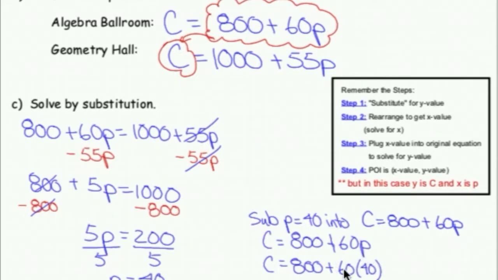And this is where our BEDMAS comes in. Multiplication happens first. So we do C equals 800 plus 2,400, because 60 times 40 is 2,400. Then you add these two together, creating a total cost of $3,200.